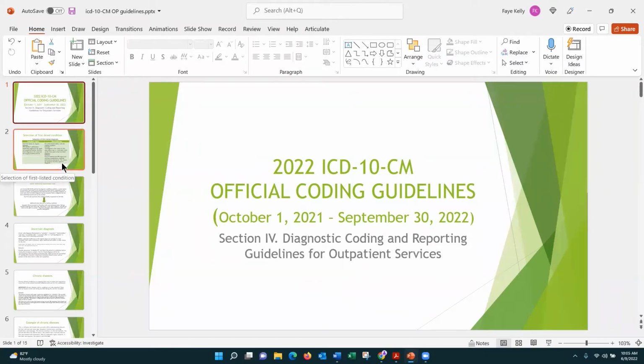This is what you're going to focus on in your work, because you two are credentialed outpatient coders. You have studied and passed the exam, and what you're proficient in is outpatient.